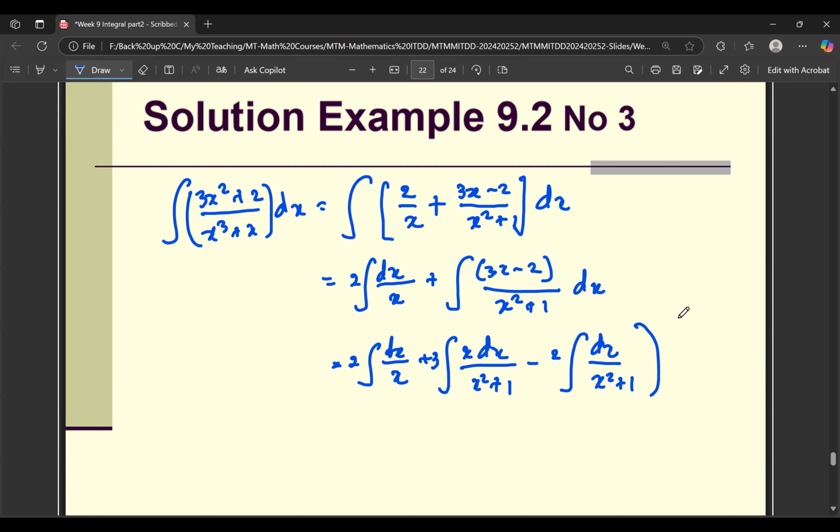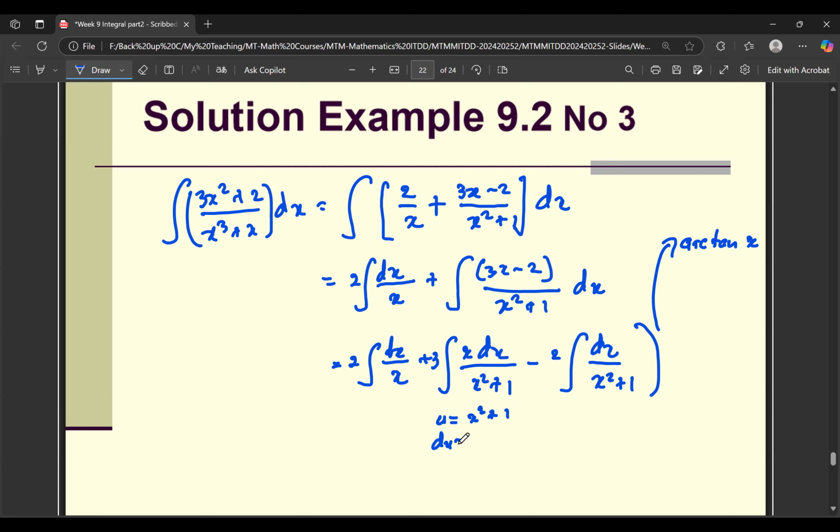For these integrals, we already have the second one, this is tangent, arctangent x. But here we use a little substitution: u is equal to x squared plus 1.